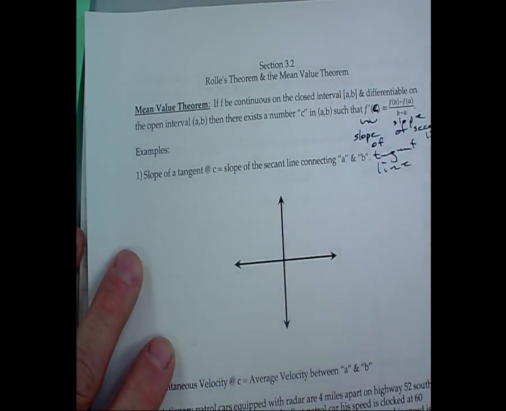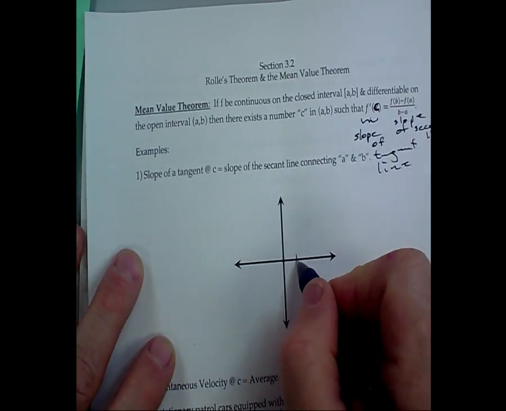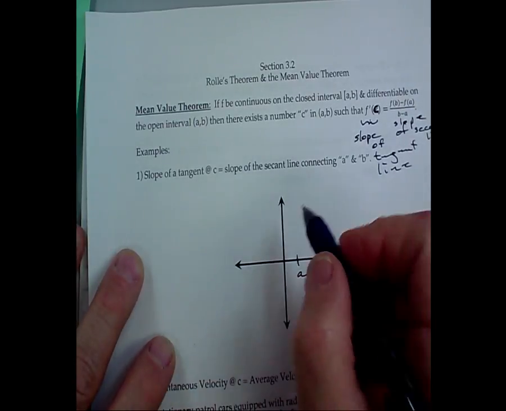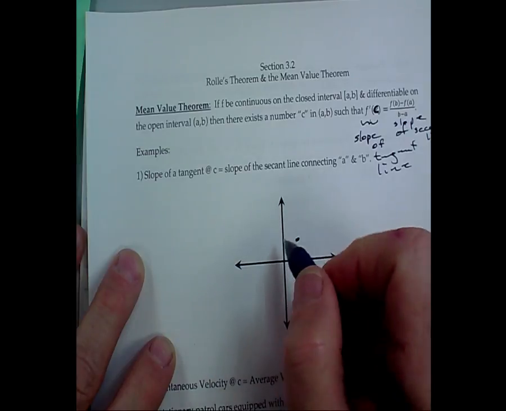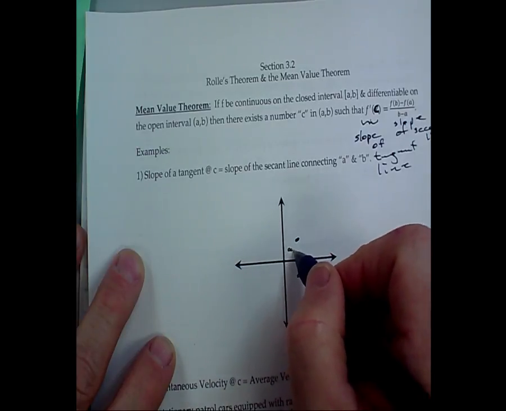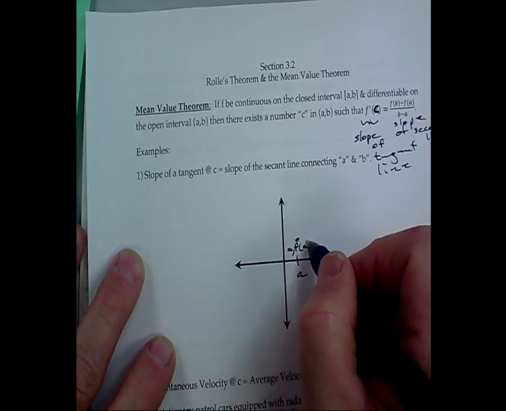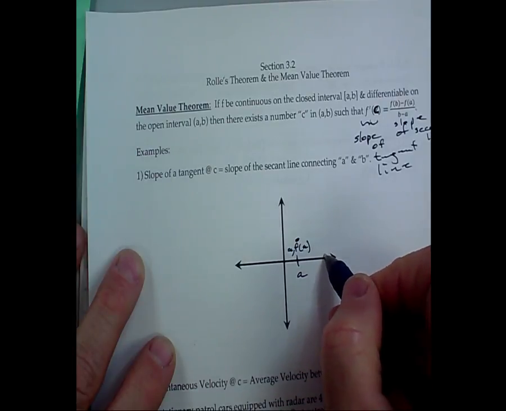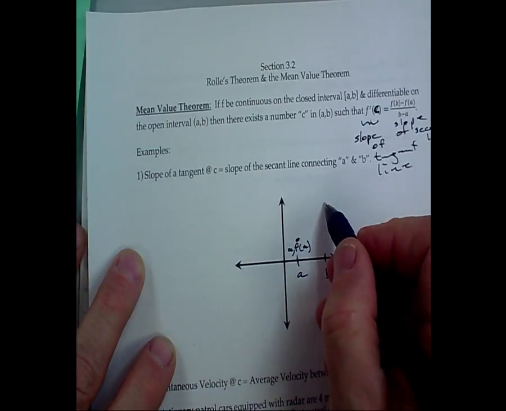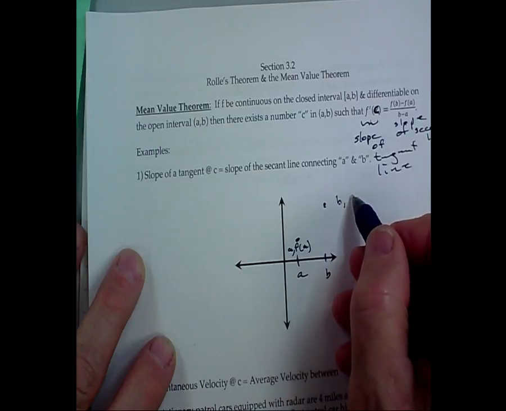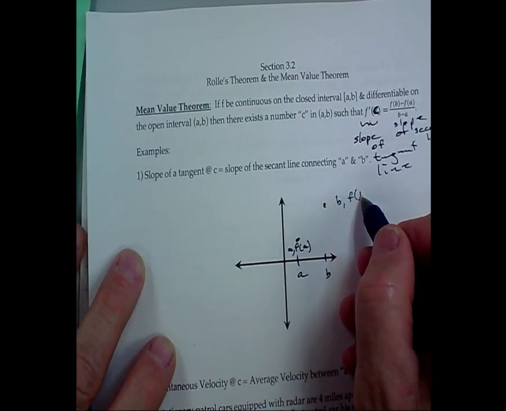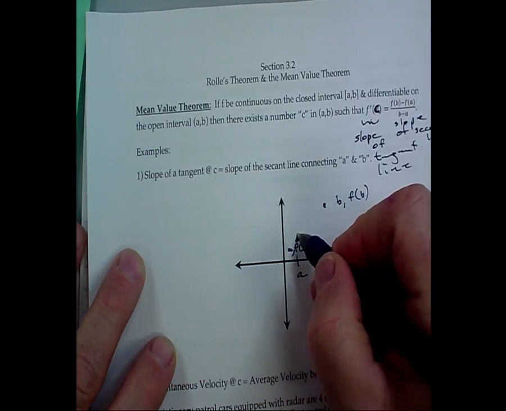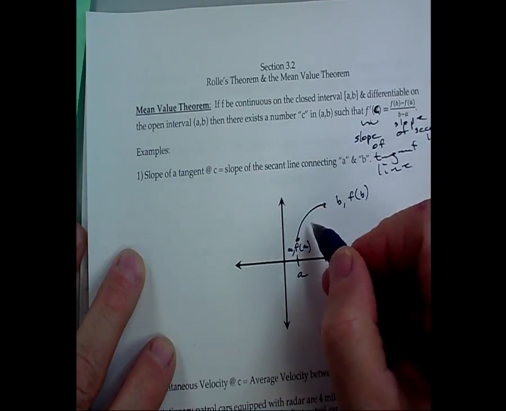Let me give you a beautiful picture. Here's A. Right here is A comma F of A. Here's B. This is B comma F of B. You know what that is?